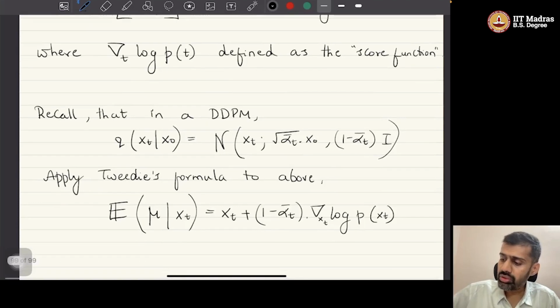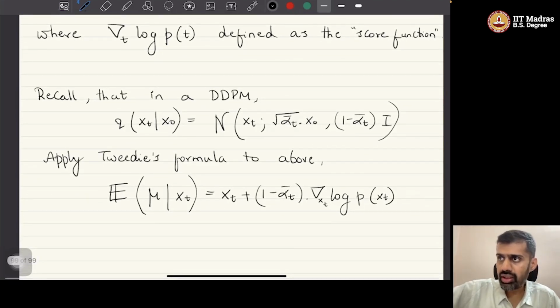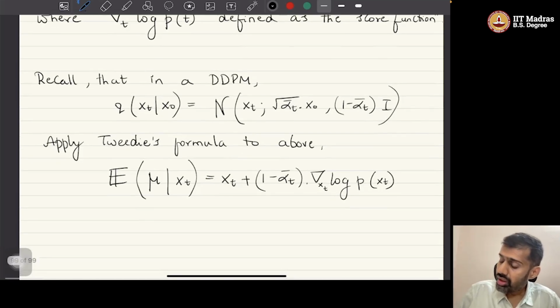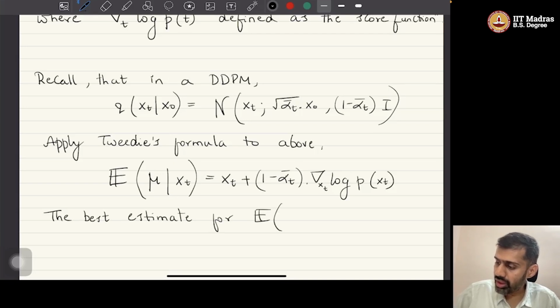Now we also know that suppose you have one particular sample, the best estimate for the conditional mean, which is the expected value of mu given x_t, is the true mean itself.